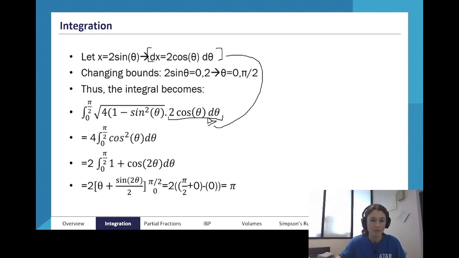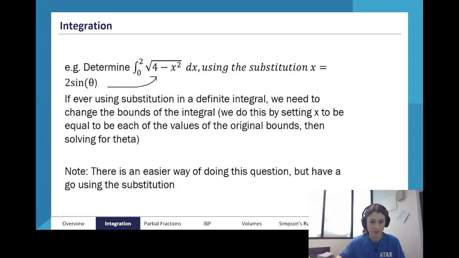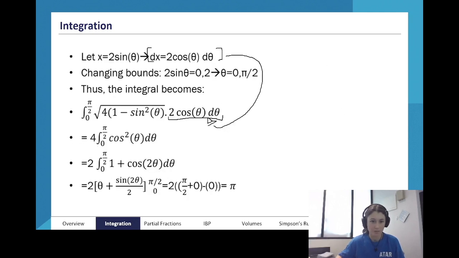And now what we did is we let x equal 2 sine theta, and then we substituted this in our surd. As you can see in our previous slide, we just substituted it in, and then this can simplify to cos squared theta.